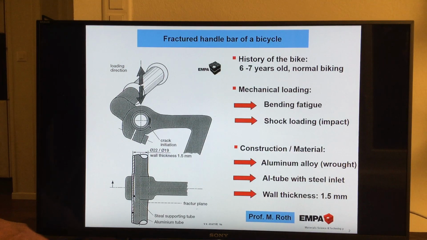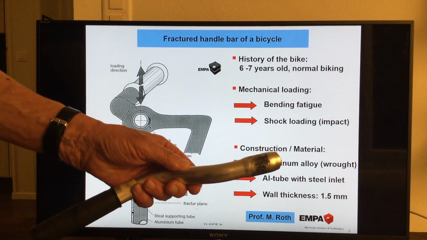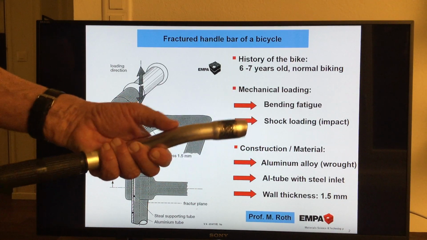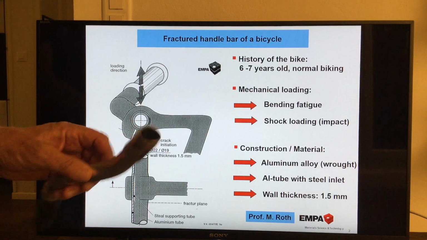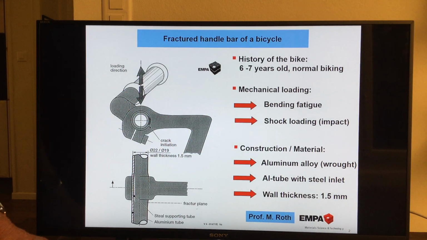I have an example which you see here. It's a similar design, not really from this case, and you see this aluminium tube, and the thickness in this case is 1.5 millimeter. Please keep this in mind. We come back to this.